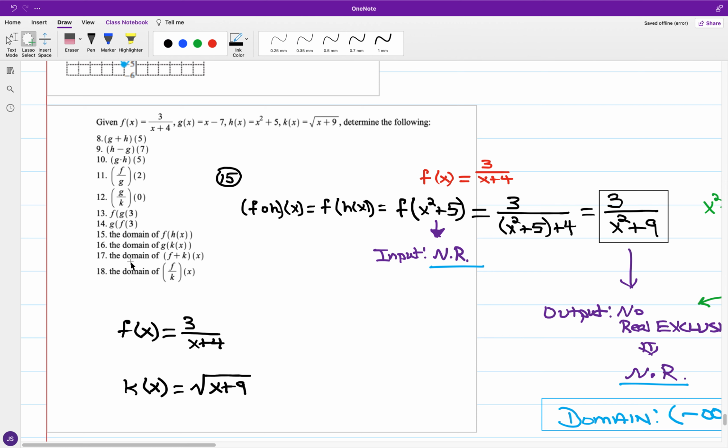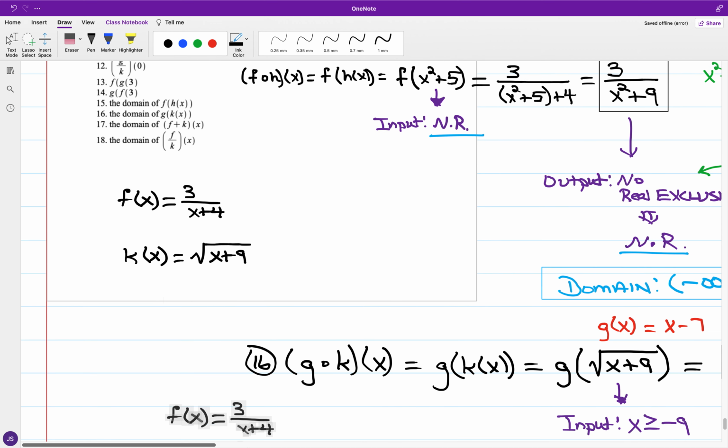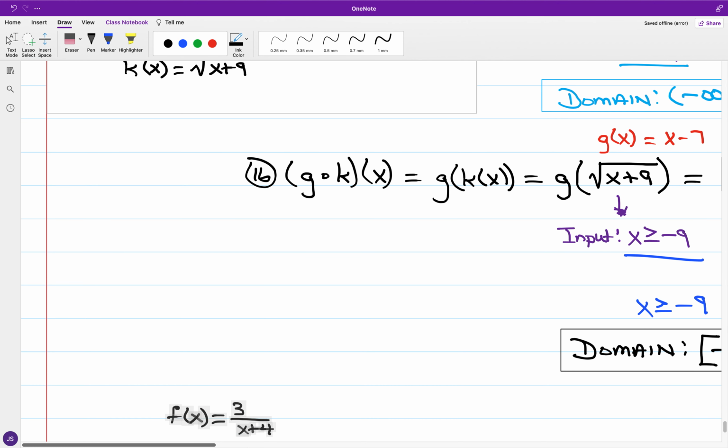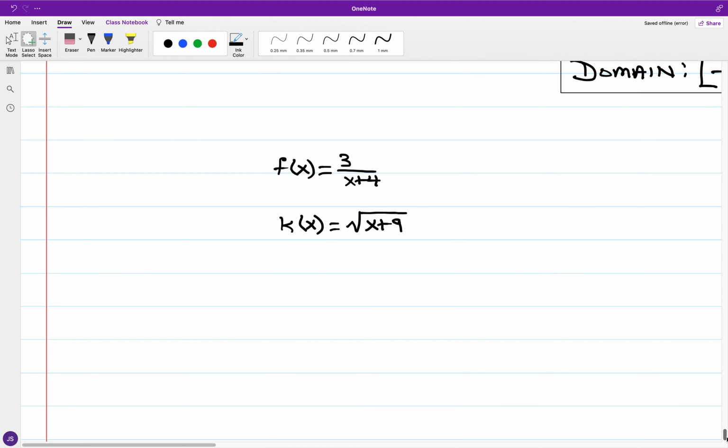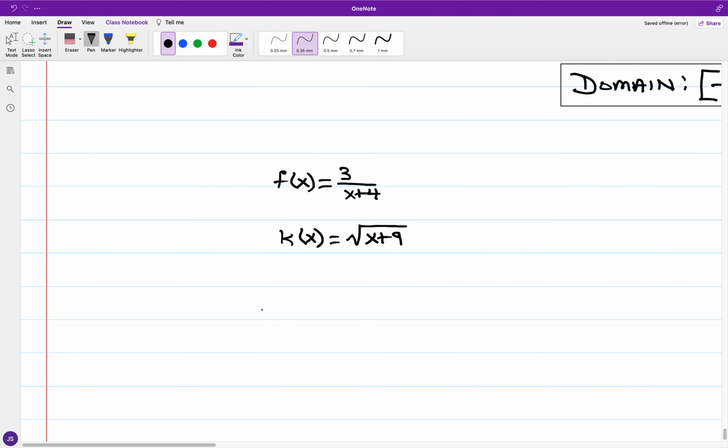And we'll tie in 17 and 18 together. So we have f plus k of x. Then we have f minus k of x, and we'll throw in these. Remember, the sum, difference, and product functions will have the same domain.